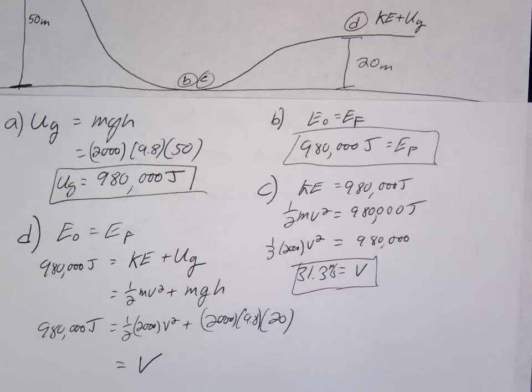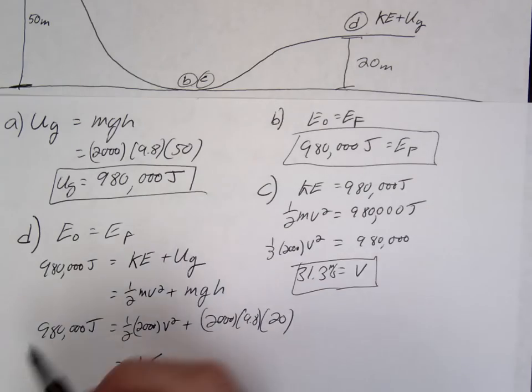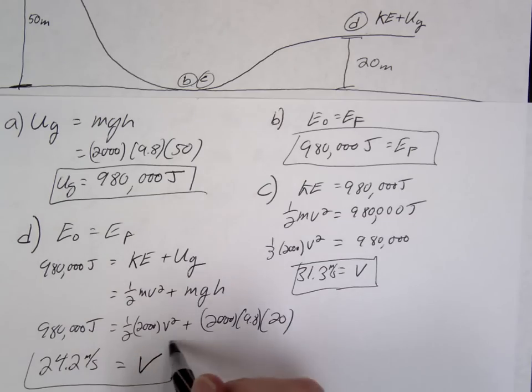Now you can always do little mini checks on yourself at least. How should this V compare to this V? Should be smaller. Okay, so that's, at least make sure it makes some sense. What are you getting for the V here? 24.2, good.